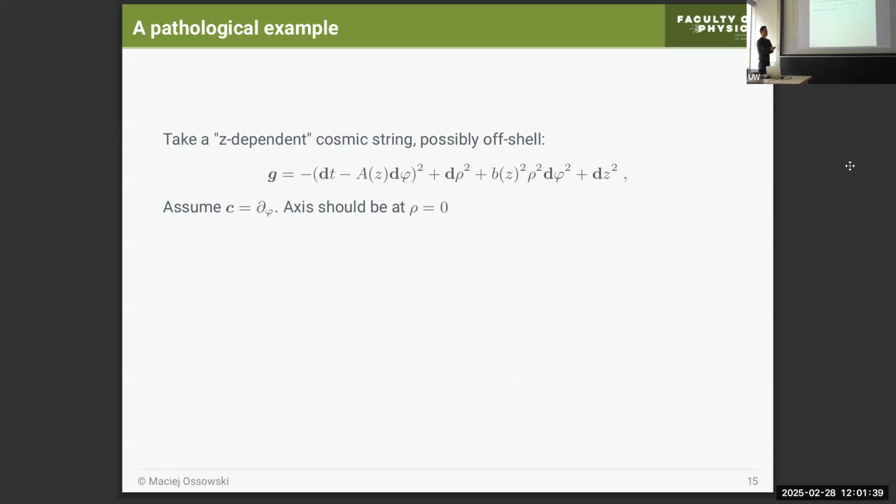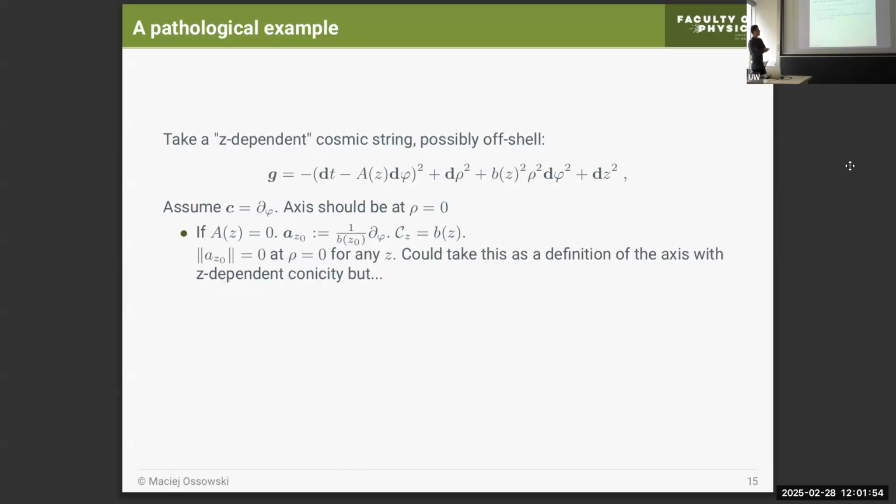Any field equation shouldn't be involved here. So we just assume a metric of this form. And again, all of the axis points should be at rho equal to 0. We assume that phi is cyclic. So if A is 0, then only B depends on z.